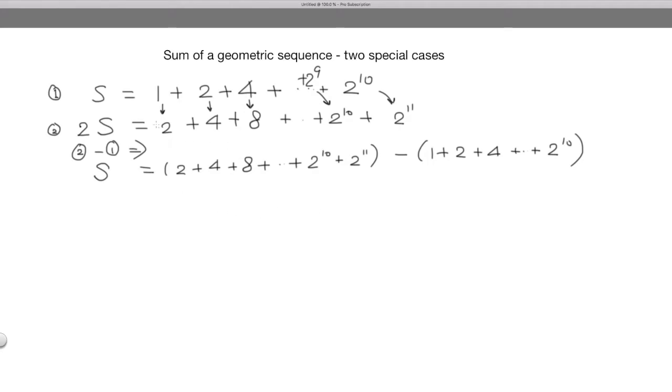Here it's nothing but I'm taking all the right terms of the second equation minus the right terms of the first equation. But here you see a lot of things are common.